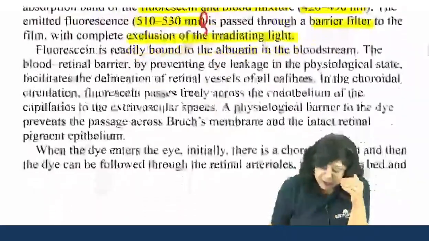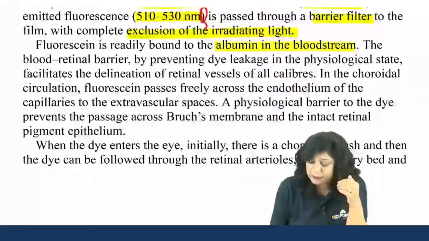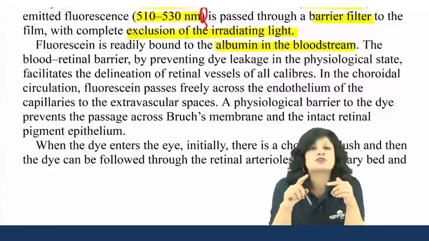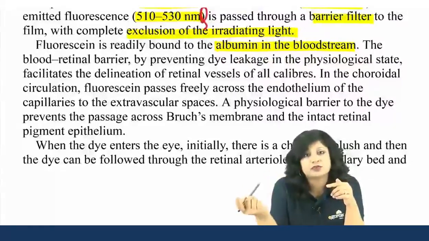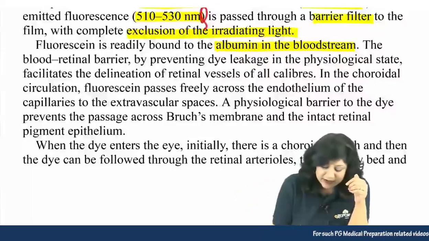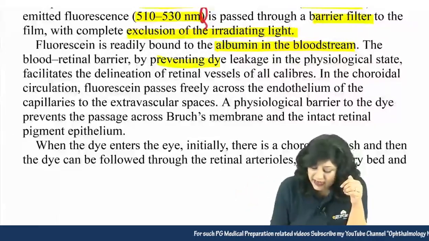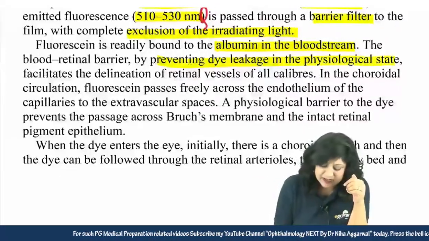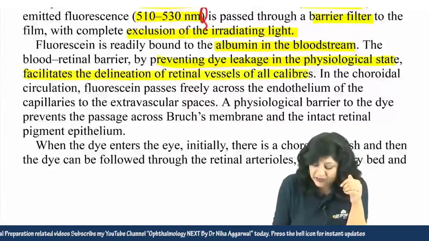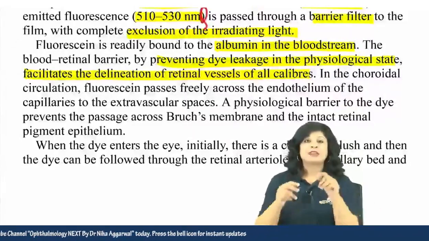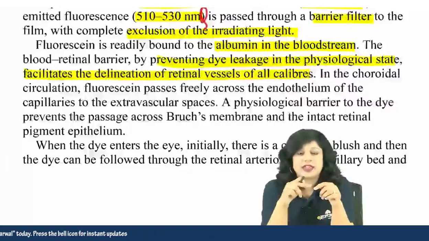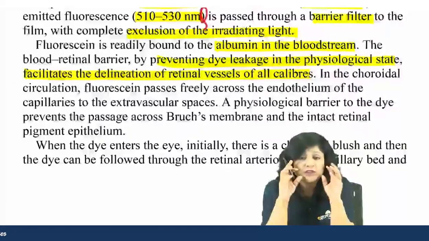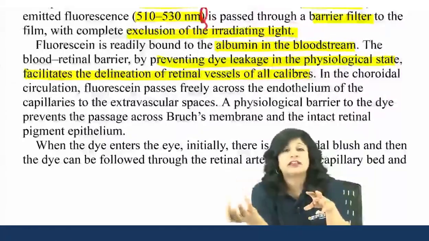Now fluorescein is readily bound to the albumin in the bloodstream. When it goes into the bloodstream, it is not freely circulating, it is bound to the protein albumin. The blood retinal barrier, by preventing dye leakage in the physiological state, facilitates the delineation of the retinal vessels. Now if this dye is flowing, will it remain there or will it leak?